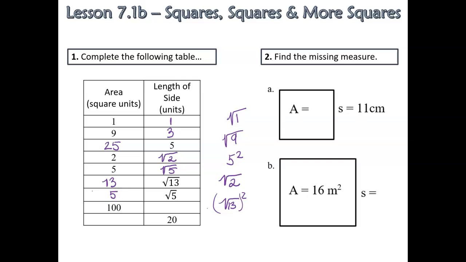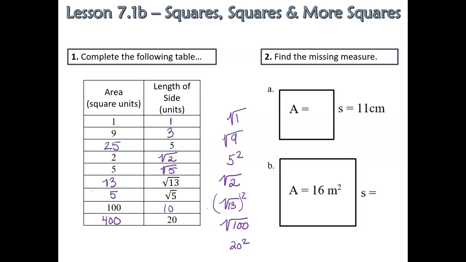If you have an area of 100, the square root of 100, or what times itself equals 100, is 10 times 10, so that's 10. If you square a side length of 20, 20 times 20 is an area of 400 square units. It's a lot of going back and forth there.